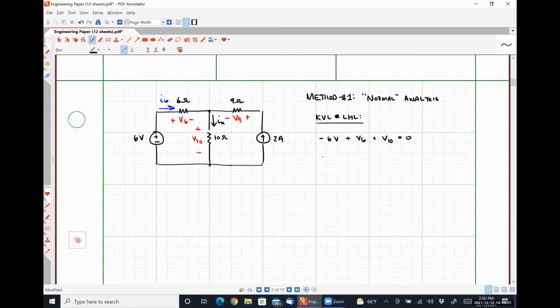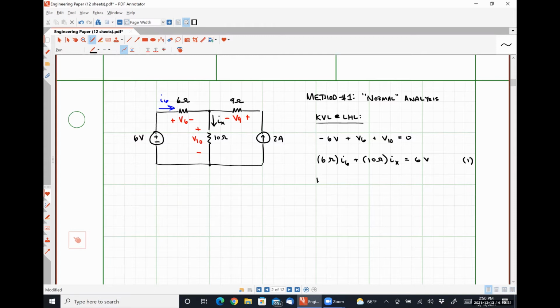So that's going to be 6 ohms times I6 plus 10 ohms times Ix is equal to positive 6 volts. And I'm going to call that equation 1. Is everybody okay with that? Just using Ohm's law to rewrite those voltages in terms of those currents.